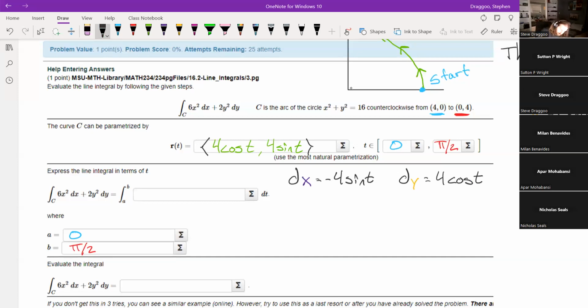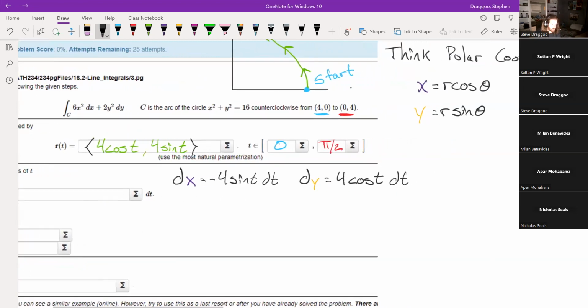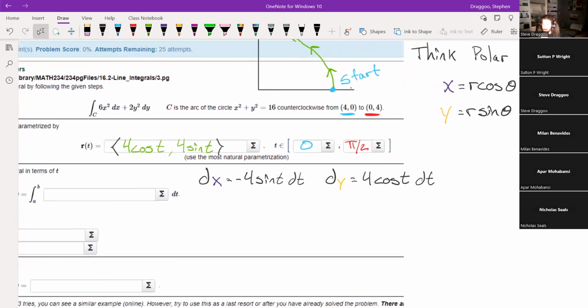Oh, let's be proper about this. I tend to forget that a lot. -4 sine t dt and 4 cosine t dt. Right. Put that where I don't have the pictures on the right covering up the work. And then let's substitute everything in.